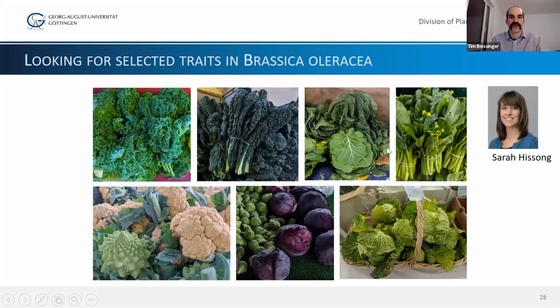Okay. So now I have another really fun biological story to tell. And this is work done by my former postdoc, who's now a research scientist at Bayer in St. Louis, Sarah Hassan. And she used GHAT to look for traits in Brassica oleracea.